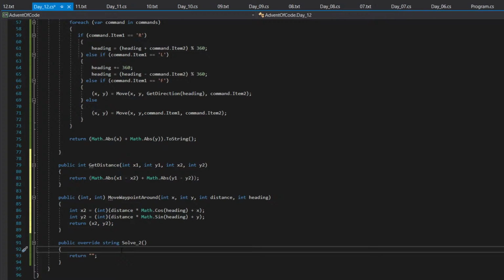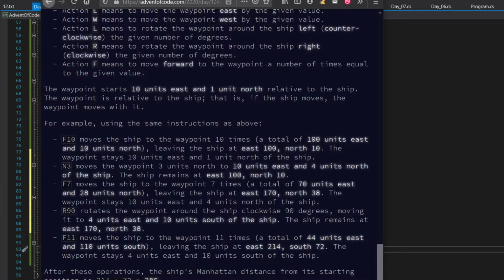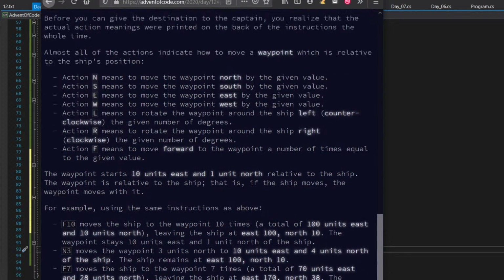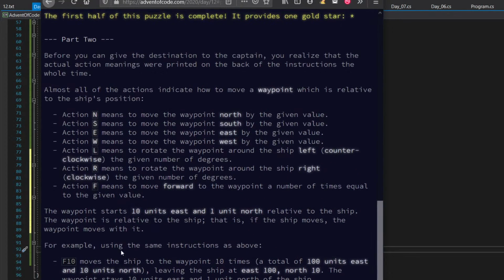So we also need to move the waypoint at the same time as we move the ship. North means move the waypoint north. So we're only going to move the waypoint with the cardinal directions. And we're only going to move the ship with left, right, forward.